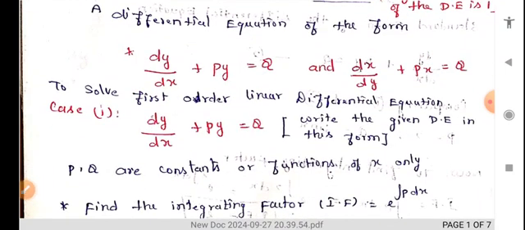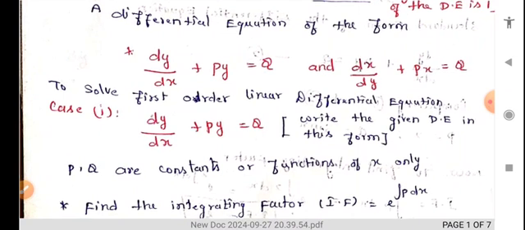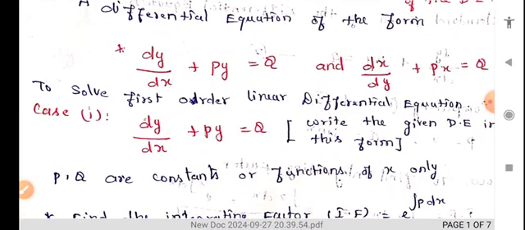How to solve this linear differential equation? We know the linear differential equation has two standard forms. If the sum is in the form of dy by dx plus py equal to q, how are we going to solve it?